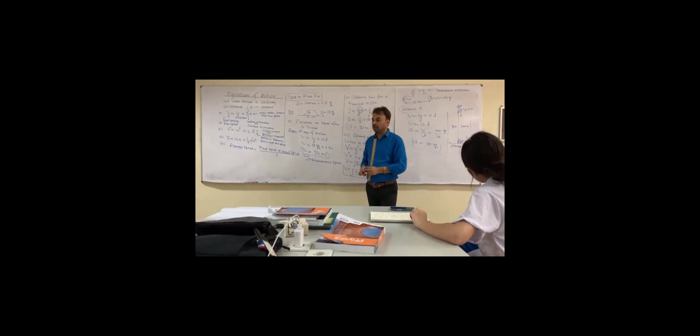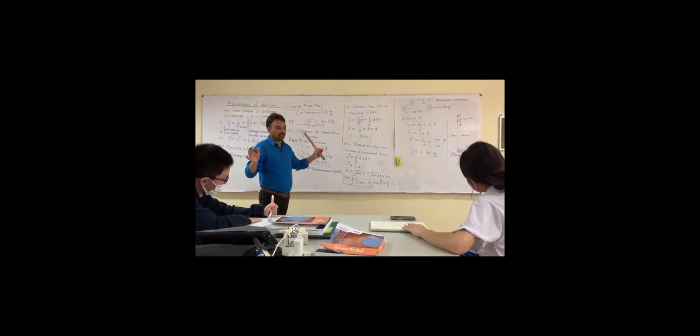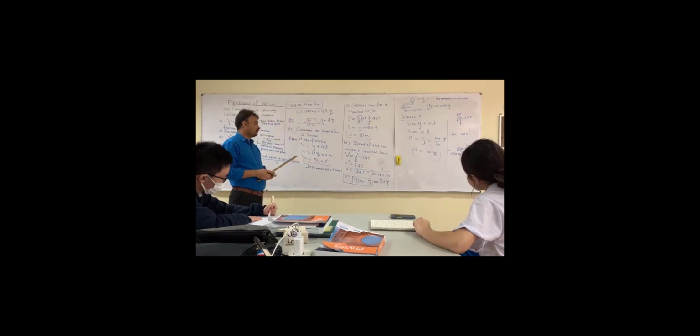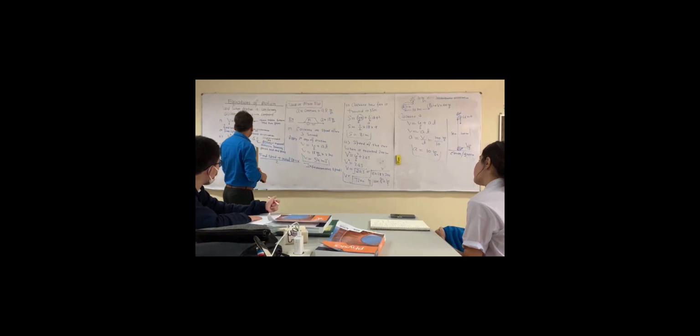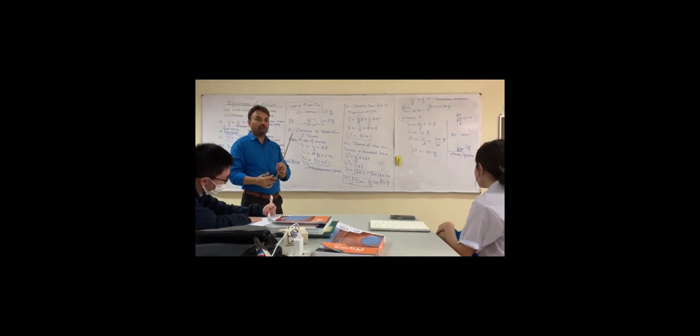How will you calculate Vf? Time is not given. How can you calculate? So apply this equation of motion. This is a very frequently used equation when we are dealing with the question of free fall.